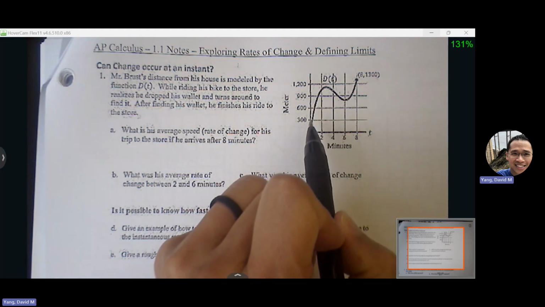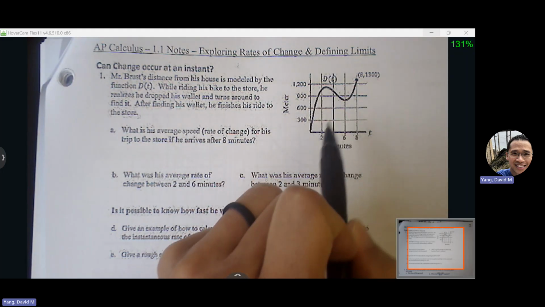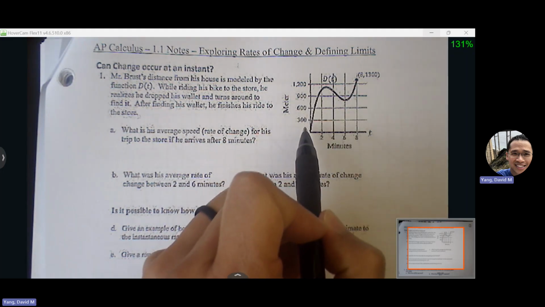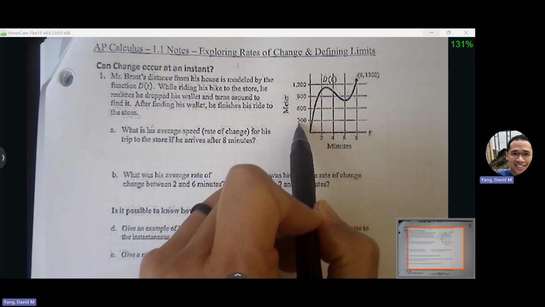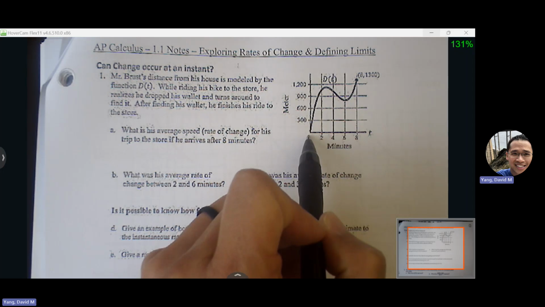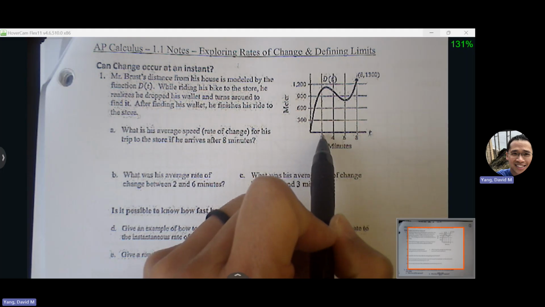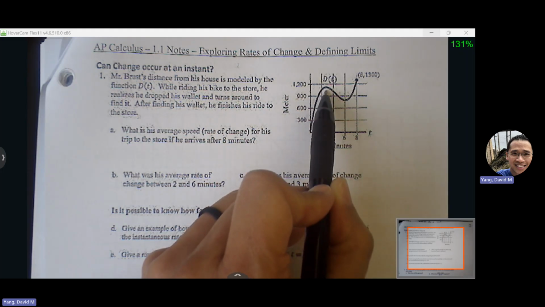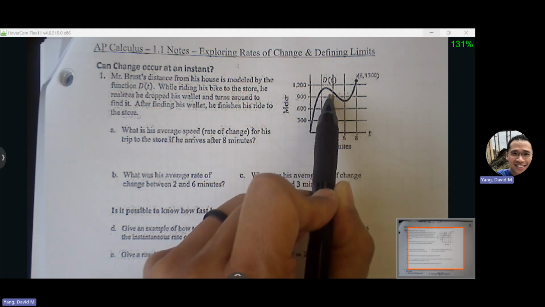So if we follow this graph, we see what he's doing. Here, the y-axis represents how far he is from his house. So he starts off at his house, 0 meters from his house. And then as time passes, you can see that by 2 minutes, he's gone all the way 1,200 meters away from his house. But then this is probably when he realizes that he dropped his wallet. So then he's backtracking and he's riding his bike towards his house again.